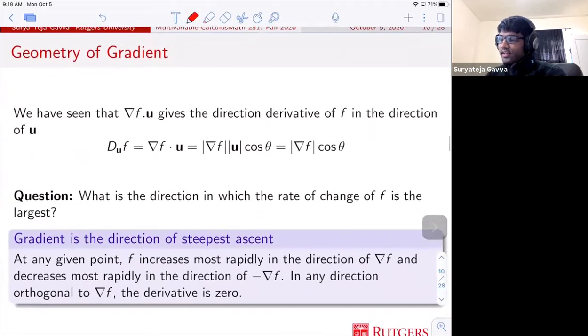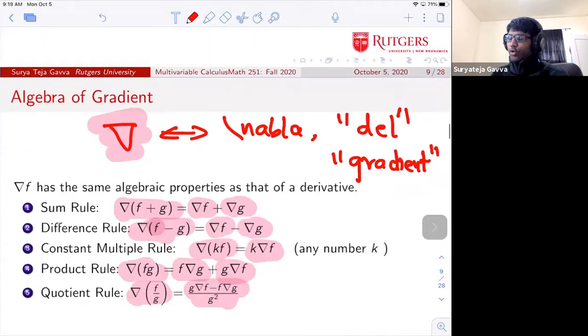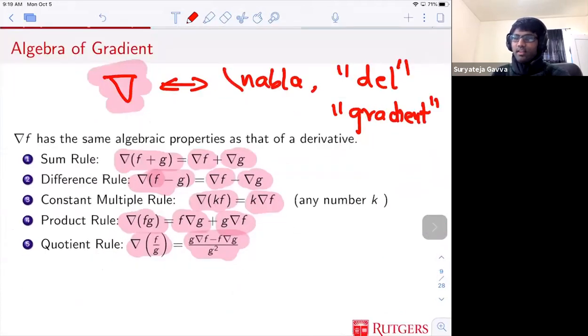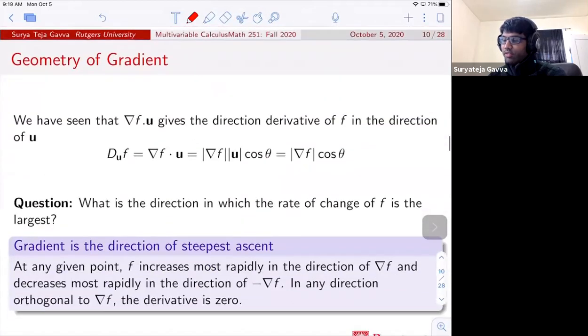So, the gradient is this list of numbers, fx, fy, fz, you just compute the partial derivatives. But what does it mean? You're writing a vector corresponding to the gradient, but what does the gradient give you? The previous list of things is just how to do algebra with the gradient, but why do we care about the gradient and what is the geometric meaning of the gradient?